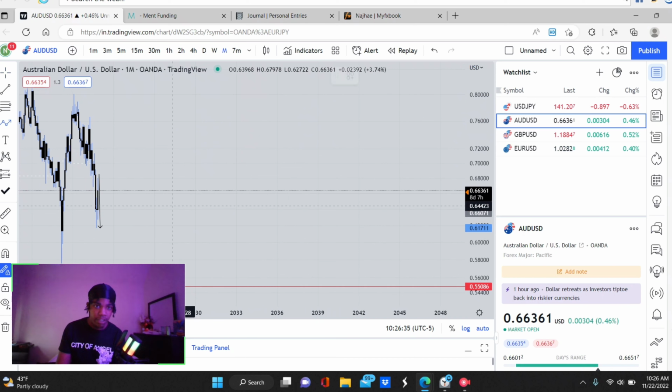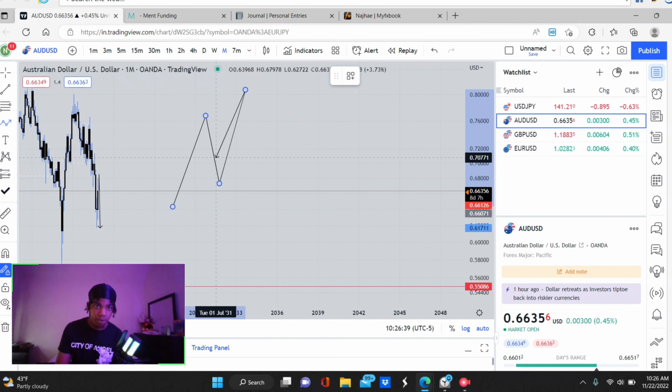Same thing with supply and demand. Say we had some demand right here and somebody wanted to enter on some demand, it doesn't make sense to sell back into that zone because price is not likely to pull back into the zone. Price is most likely to continue in the direction.